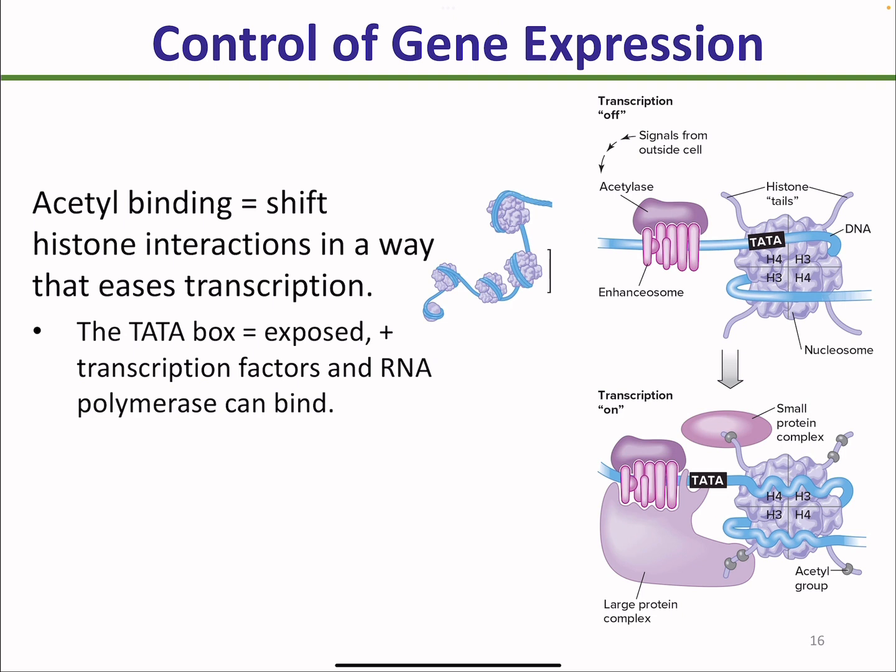Now, let's take a look at some graphic representation here. So remember that chromatin is DNA and histones, and this DNA and histones are organized in nucleosomes. So this is one nucleosome, this is another nucleosome, another nucleosome, another nucleosome. You have some pieces of DNA right here that are exposed, right?